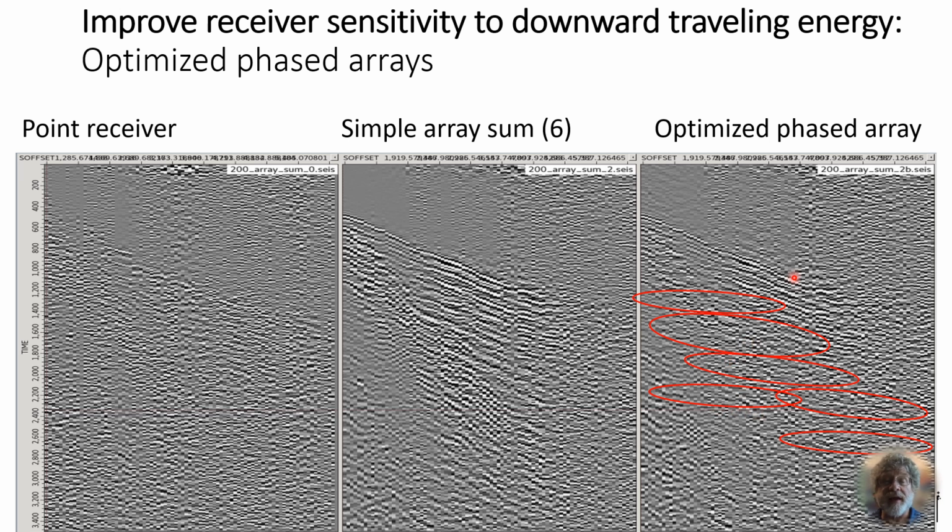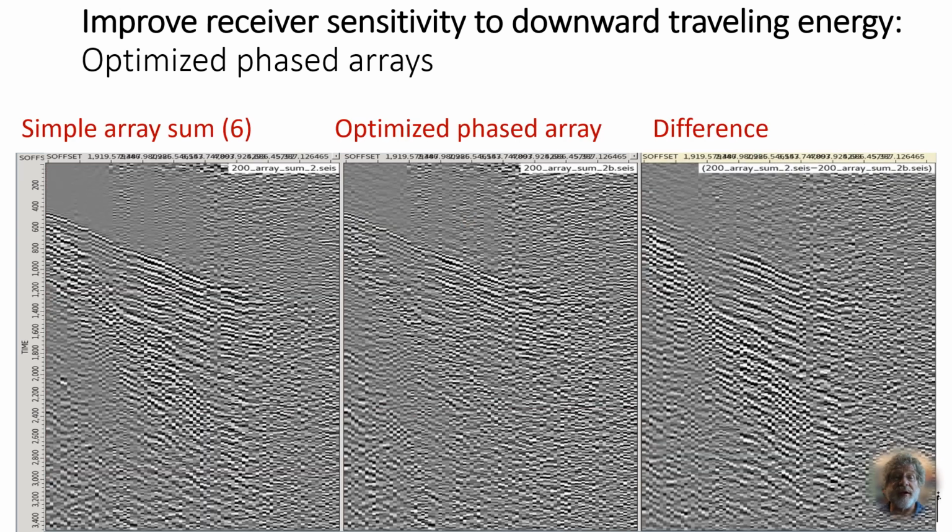In the next slide, I'm going to look at the right two data displays. Here they are again, and then I'm going to show you the difference on the right side. I compute the difference, and you can see in the difference we've removed a lot of these refraction multiples, and the reflections are now clearer here and here.